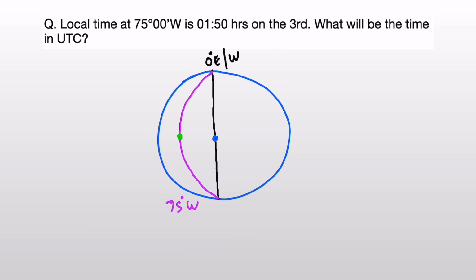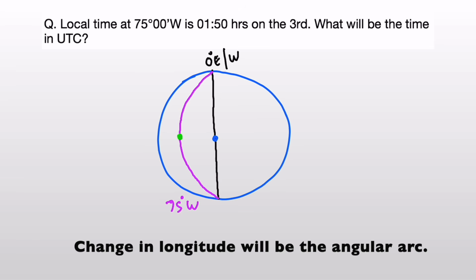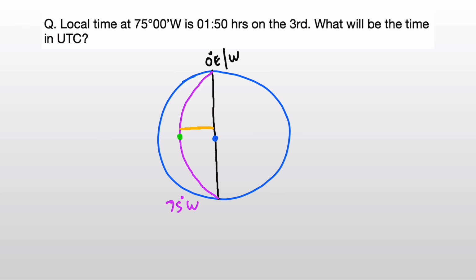So the first thing I need to find is the change in longitude. What is change in longitude? If you all remember, change in longitude is the difference between both of these longitudes. So from this diagram, we see that the change in longitude is 75 degrees. The direction is not important right now. Now what do I do with 75 degrees?